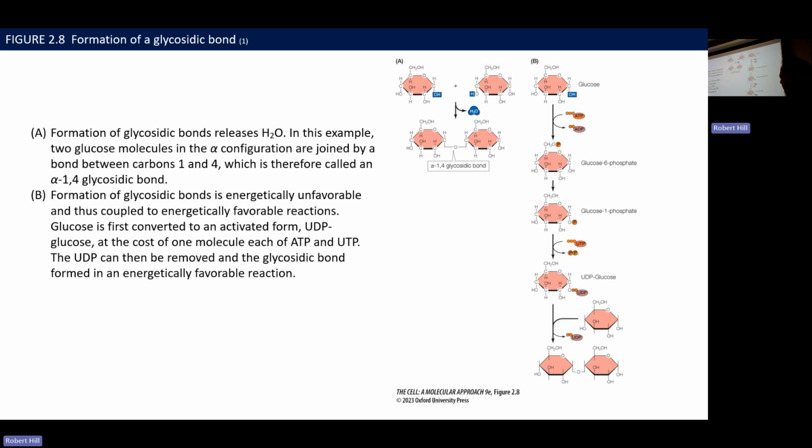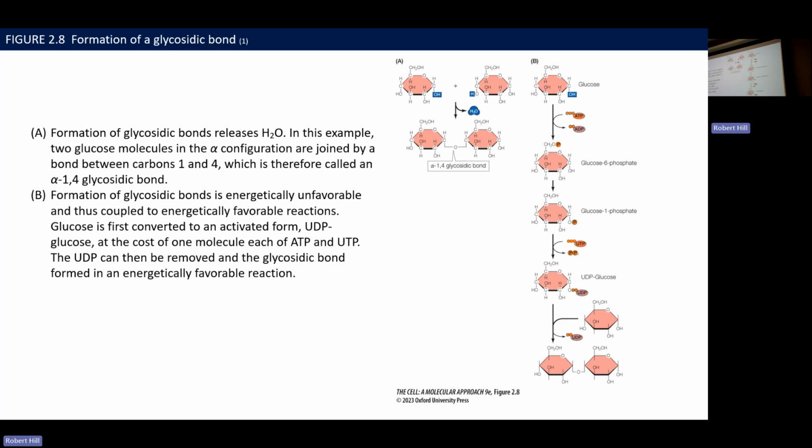Now this can lose the UDP, and in the process of losing its UDP, enough energy is available to stick two glucoses together. Okay, so the actual coupling to provide the energy to form the bond is provided by having this energetically favorable UDP glucose. The process of getting there, though, involves the use of ATP.